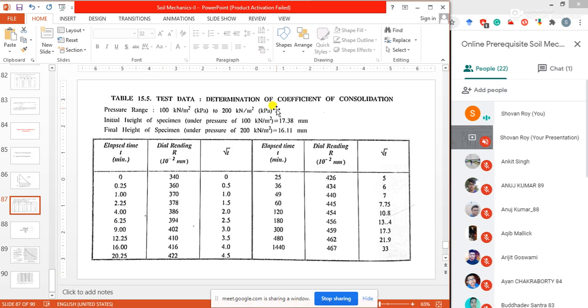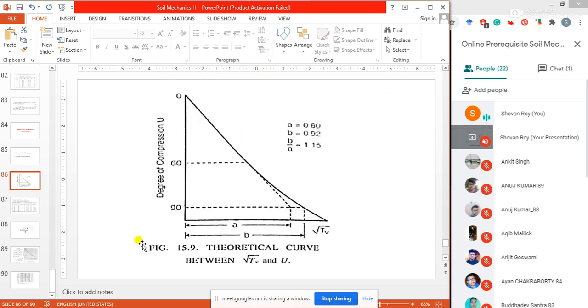So to determine the coefficient of consolidation by the square root of time fitting method, we need this table, with elapsed time, dial reading and root over t, and the fundamentals of this theoretical curve.